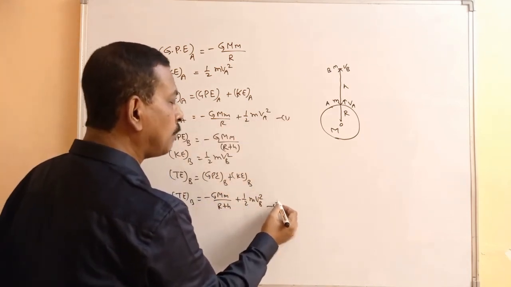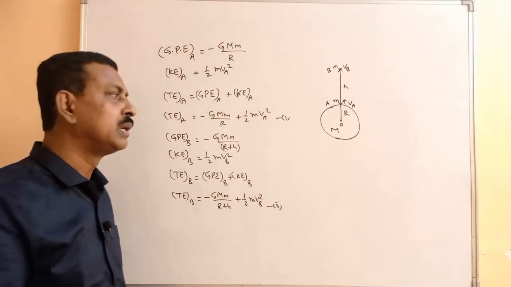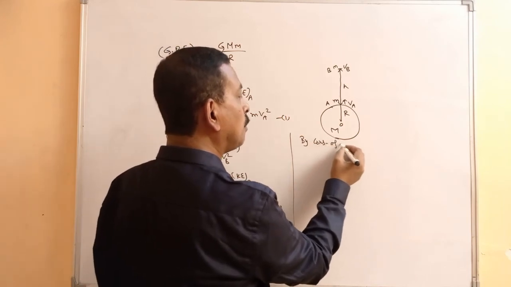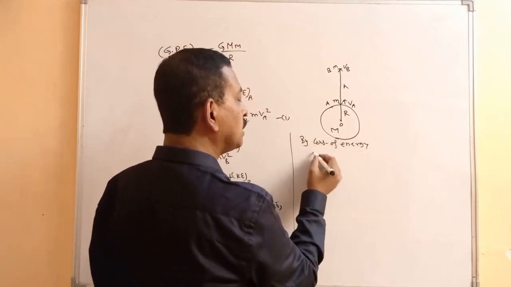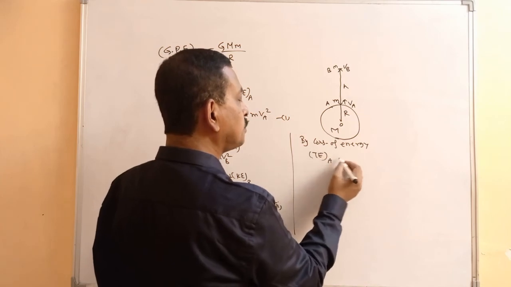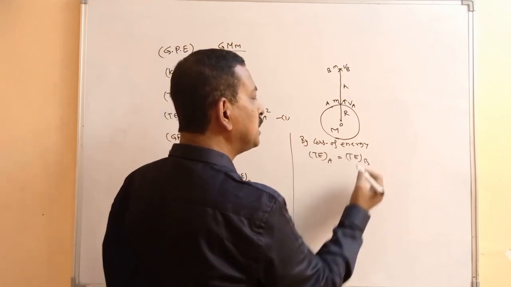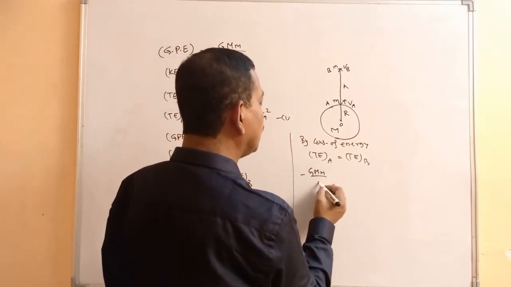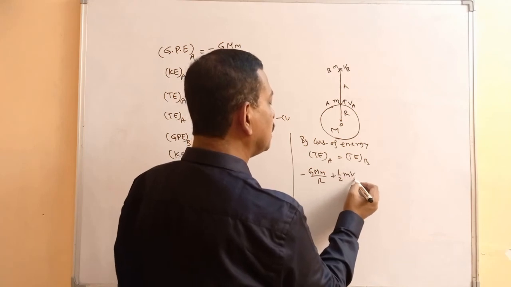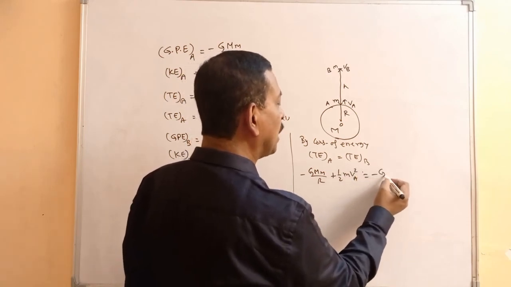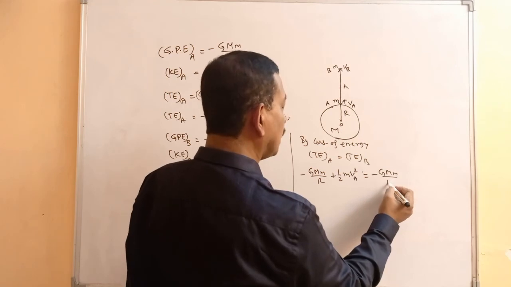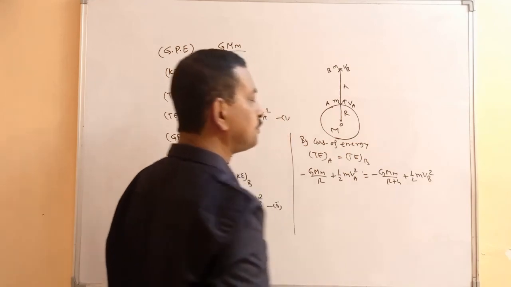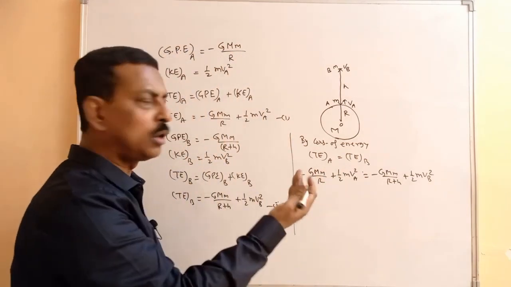Now, if you apply conservation of energy, what we get? Total energy at A is the same as total energy at B. So if you substitute, it is minus GMm by r plus half m va square equals minus GMm by r plus h plus half m vb square. m you can cancel from all these terms.